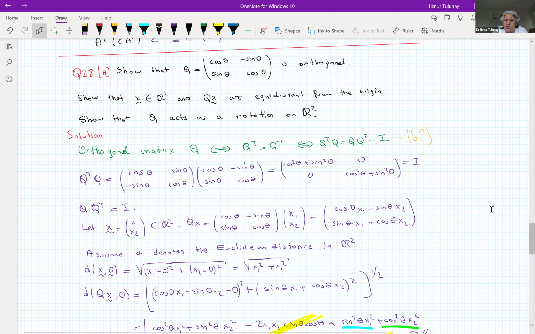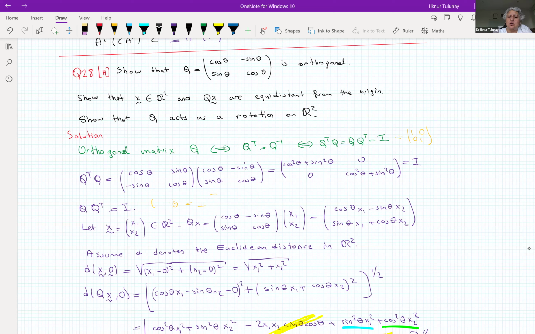What I'm saying is that you can say in another way: Q transpose Q, which is what we proved, is the identity, and we can take the transpose everywhere. Oh, that will not work.